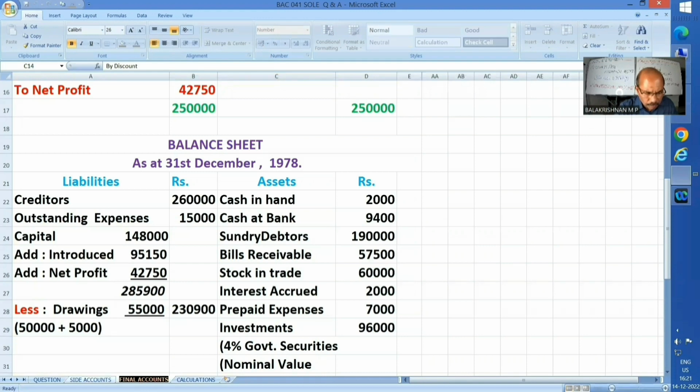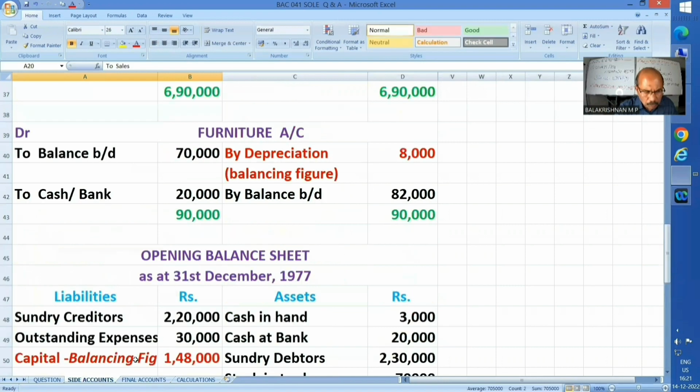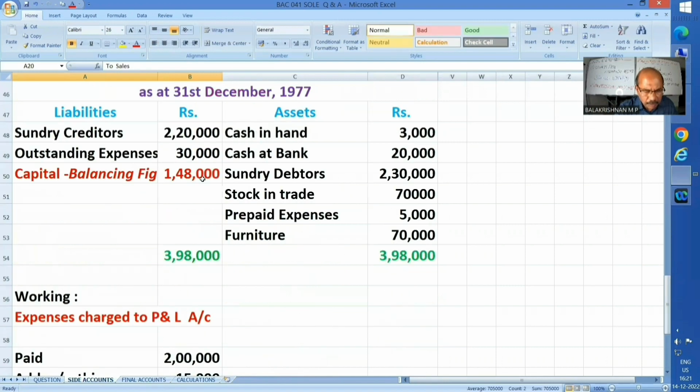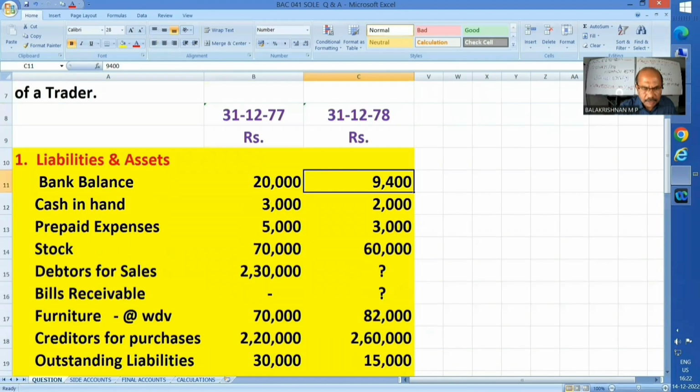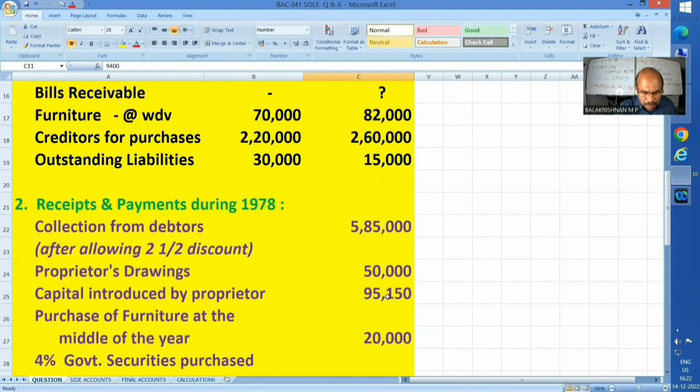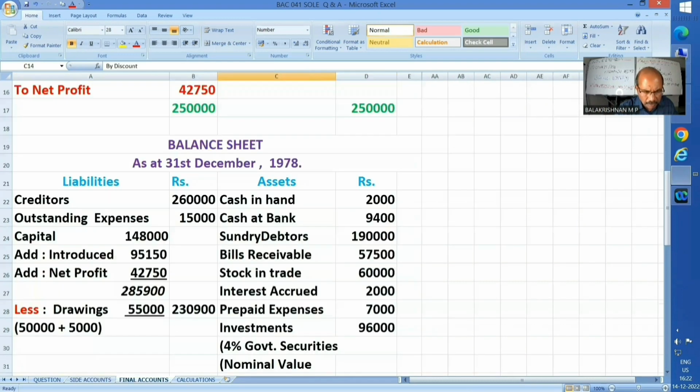We have found out through our opening statement of affairs 1,48,000 as the opening capital. That is taken here. Introduction of capital is available in the question itself, 95,150. That also we added. Net profit 42,750.